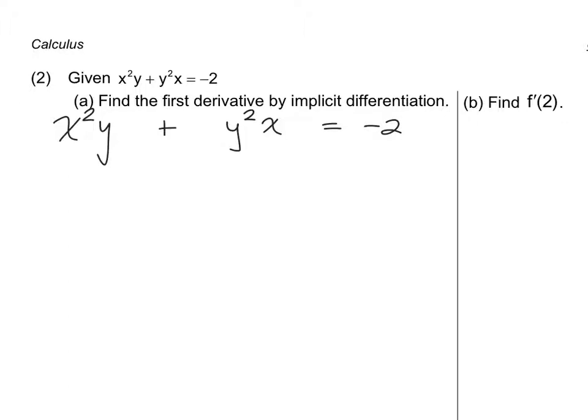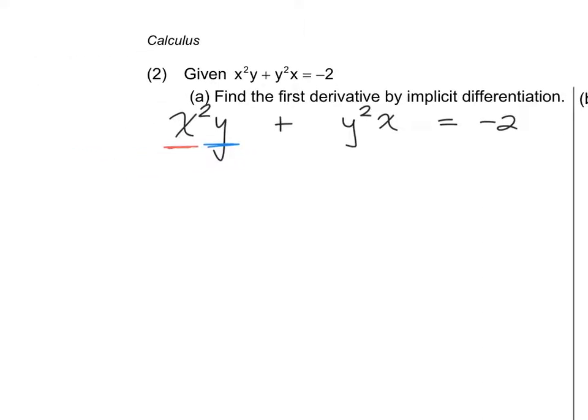From just looking at the x squared y, we have two factors, so I have to use the product rule. My first function multiplied by the derivative of the second. So x squared multiplied by the derivative of y. Anytime we take the derivative involving a y term, we take the derivative as if it were an x, but then we also multiply by dy dx.